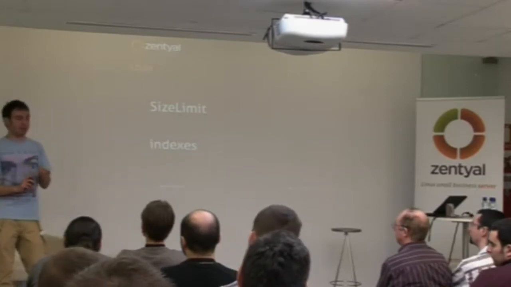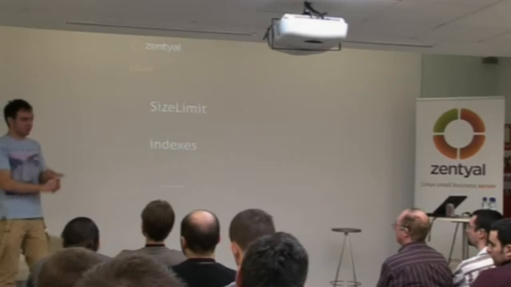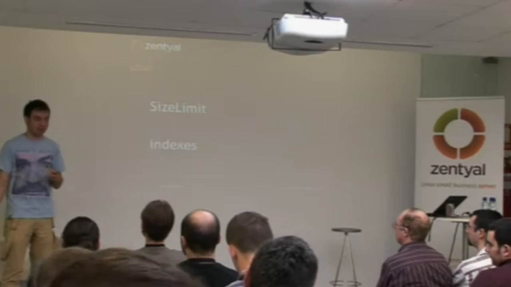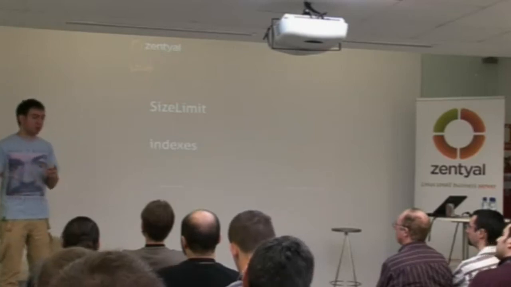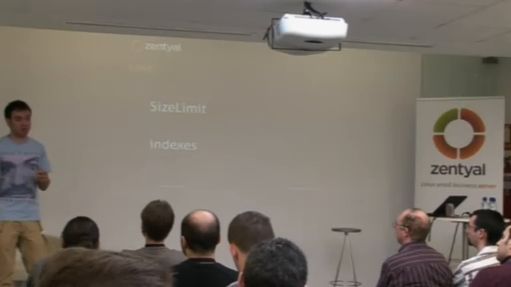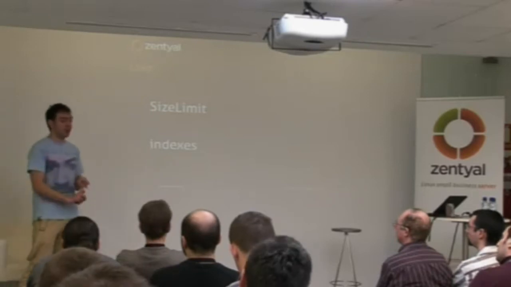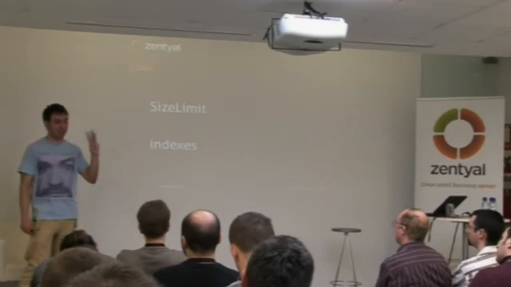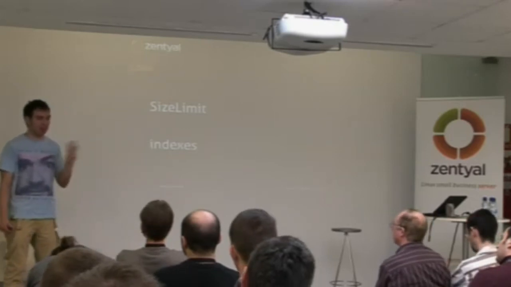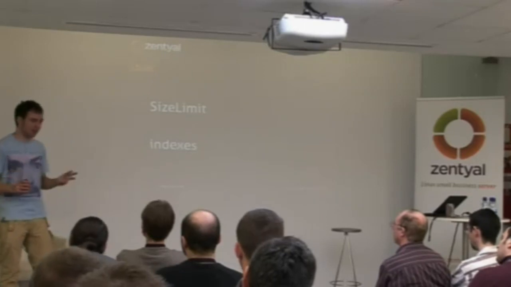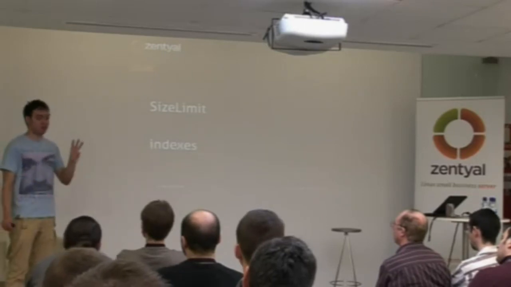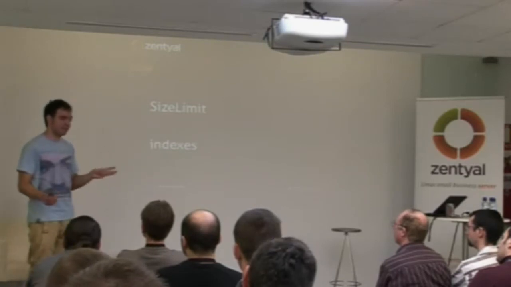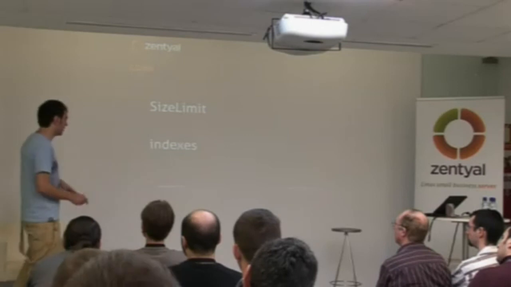The master has to be able to reach the slave SOAP port, the slave Zentyal web interface, and the slave must be able to reach the master LDAP port. So three things, very easy, but don't forget. If something is failing in your LDAP deployment, it's one of these three things. So please check them out, and then if it is still failing, report it, because there is a bug there.